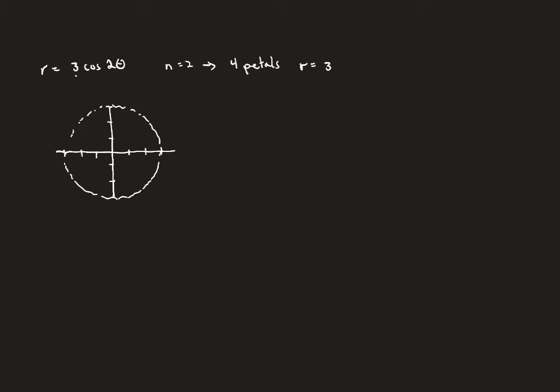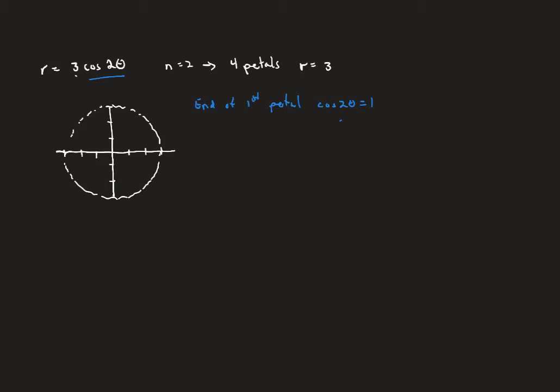So like before, we first want to find the end of the first petal. And the end of the first petal is going to be when our cosine 2 theta is first equal to the biggest it can be, and the biggest a sine or a cosine can be is 1. So we want to solve for theta when cosine 2 theta is equal to 1.